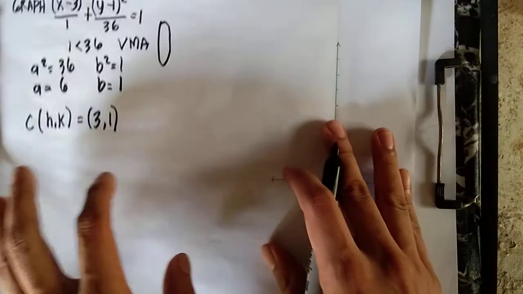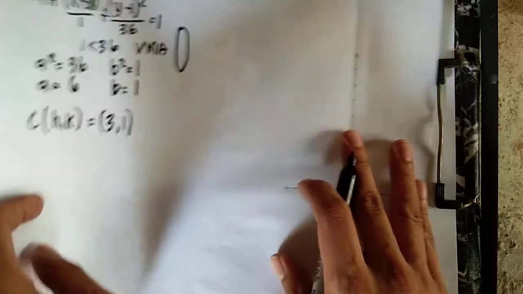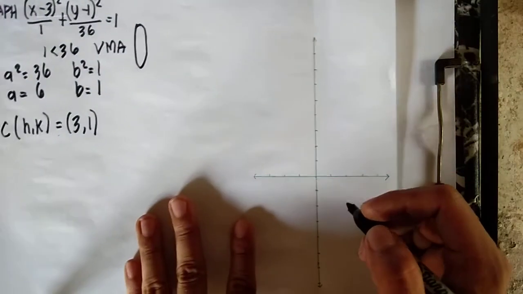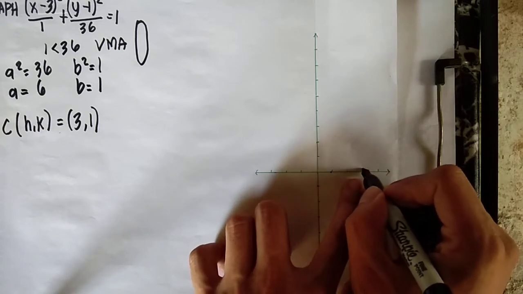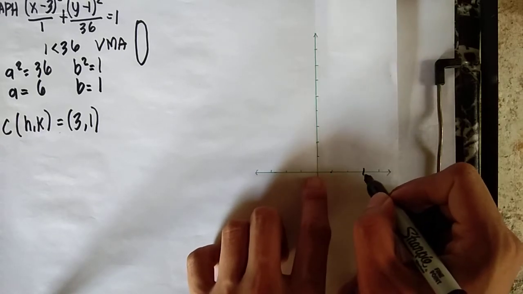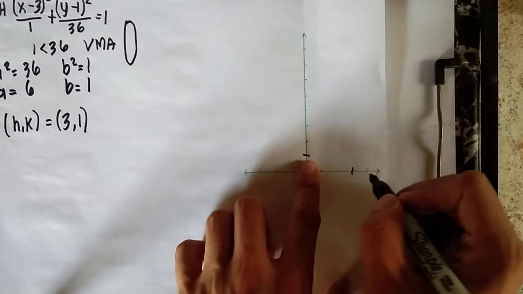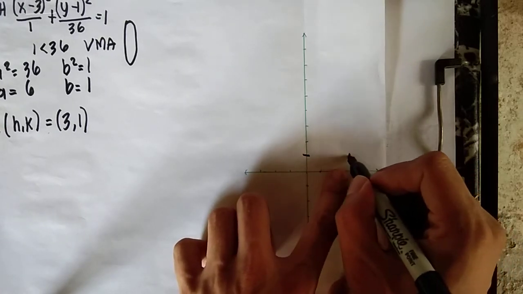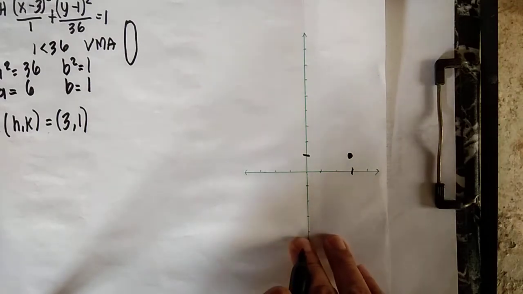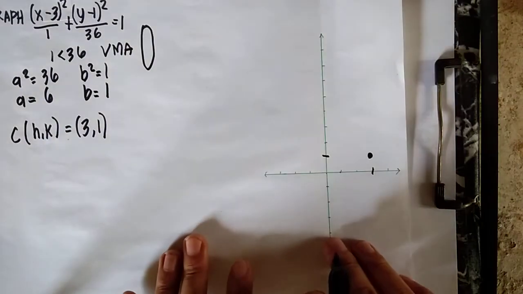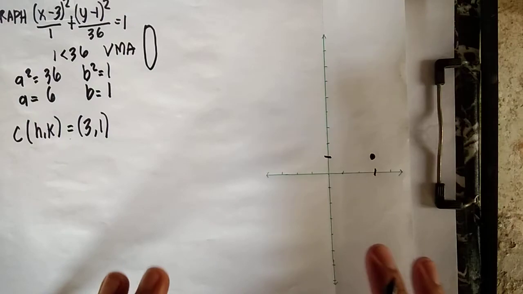So, let's graph that ordered pair. So, yung 3, 1 natin is 1, 2, 3. Dito yung 3, and then we will have y as your 1. So, ito yung center ng ating given na equation.